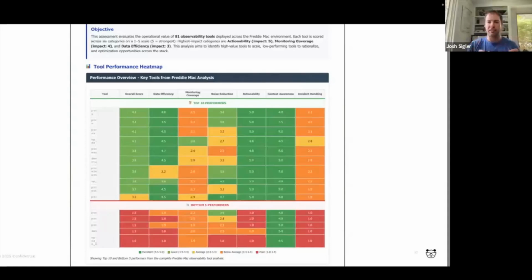I flashed them very briefly on the previous slide, but if you look at that very top banner, data efficiency, monitoring coverage, context awareness, incident handling, we come up with a score on a range from 1 to 5 that says, hey, how well is each of your observability tools performing there?